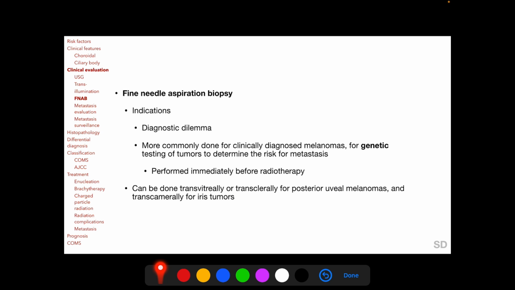And for this purpose, fine needle aspiration biopsy is performed immediately before radiotherapy is administered. Fine needle aspiration biopsy can be done transvitreally or transclerally for posterior uveal melanomas and transcamerally for iris tumors.